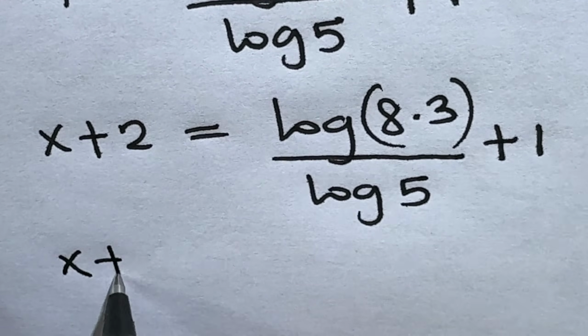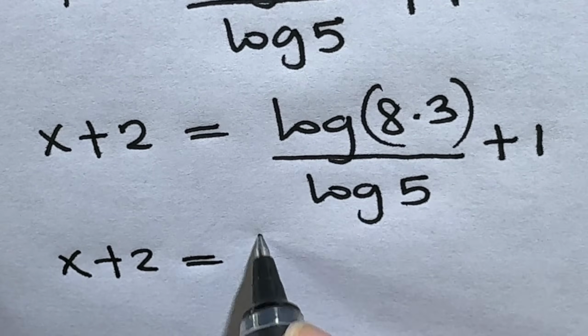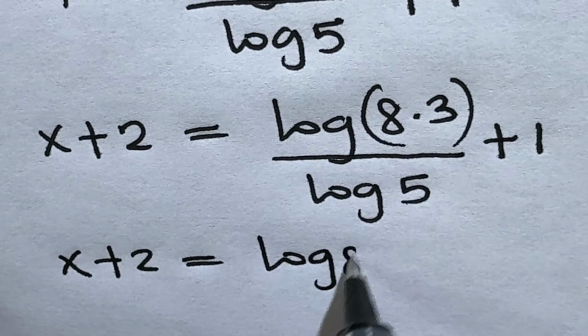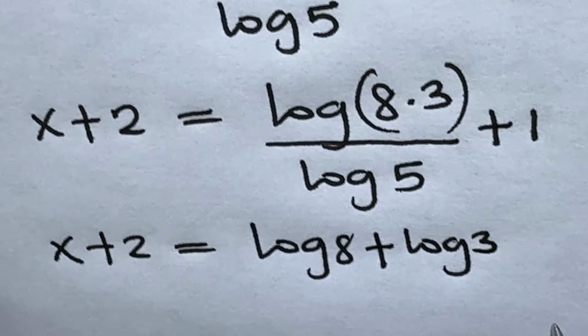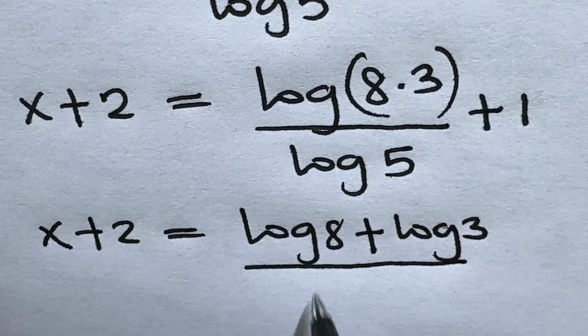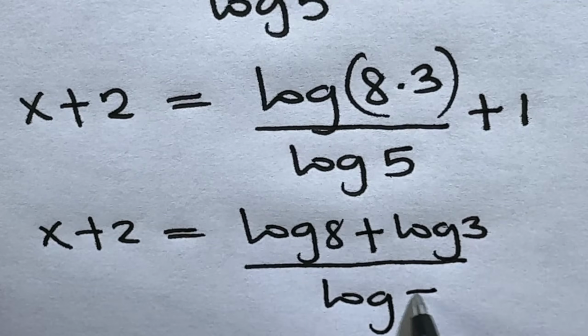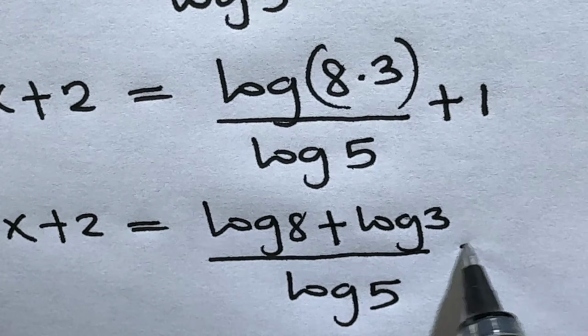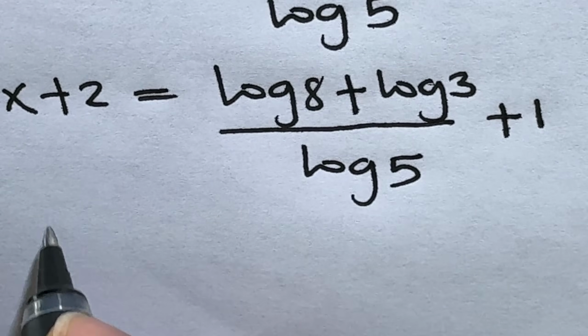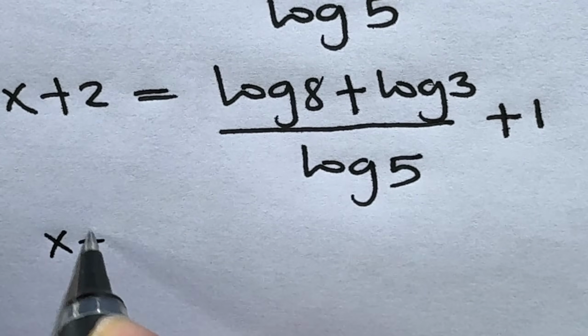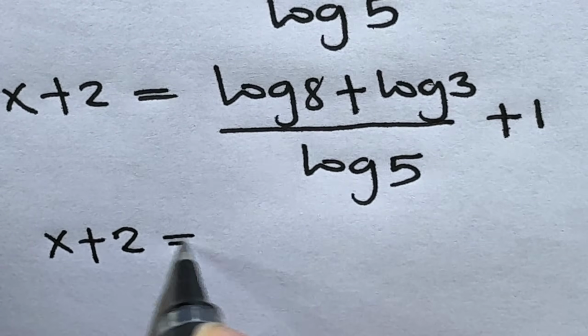So x plus 2 is equal to log 8 plus log 3 divided by log 5, then plus 1. Now when we separate this, we get x plus 2 is equal to log.